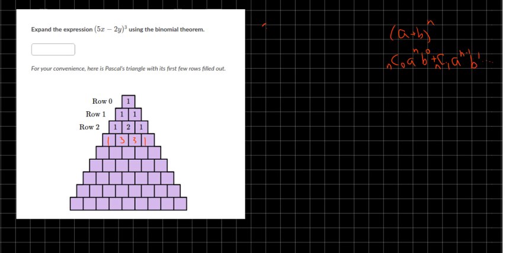So what do we have here? We have 5x minus 2y cubed. So my a is 5x and my b is negative 2y. I'm going to start out with 1 times a to the n. So n is 3, and I'm going to have 5x cubed times negative 2y to the 0 power.